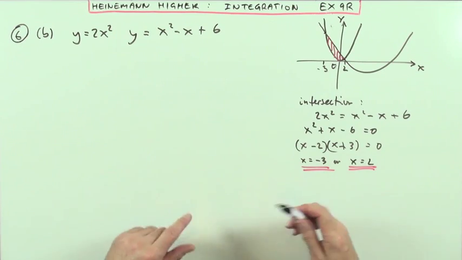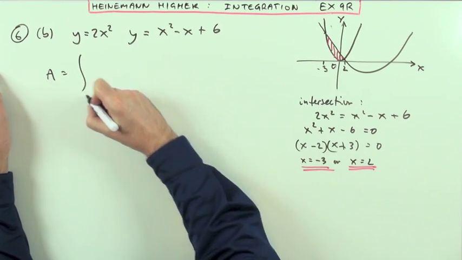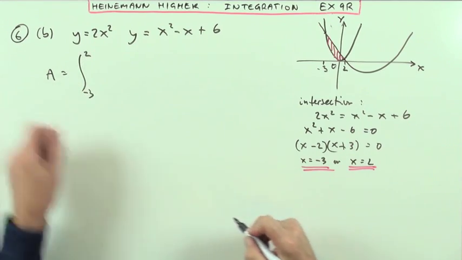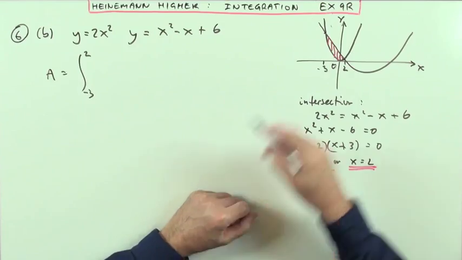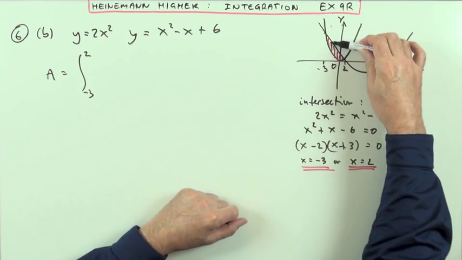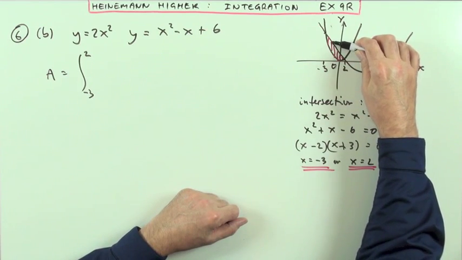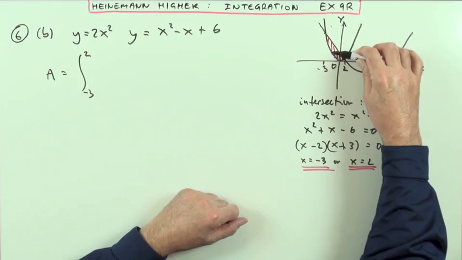And the other thing is I'm going to arrange that this area is definitely positive. I know the integration is going to go from negative 3 to 2, because that's the limits of the intersecting area. And if I want it positive, I make sure that each of these area elements has a positive height. I'll get that if I start with the upper coordinate, take away the lower one. Upper curve, take away lower curve.